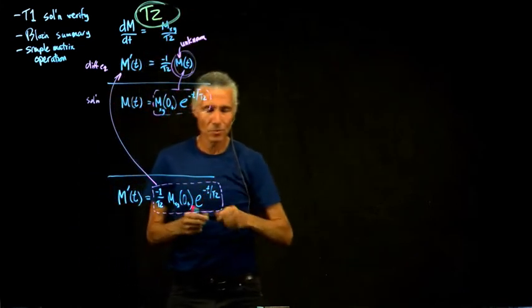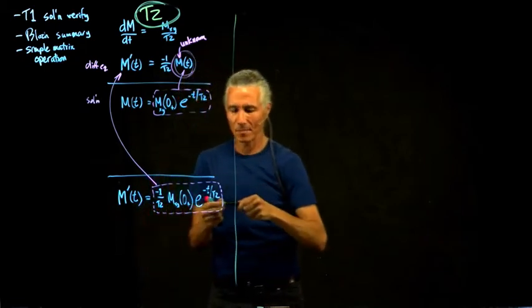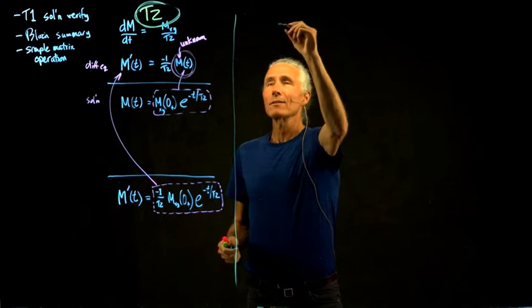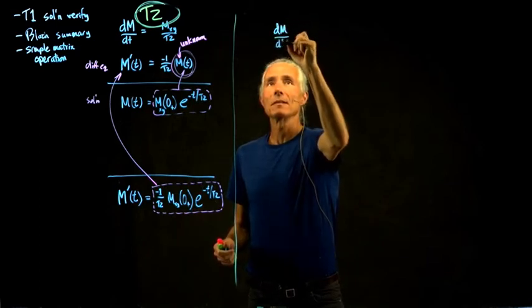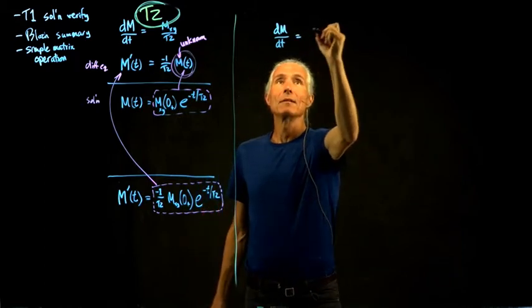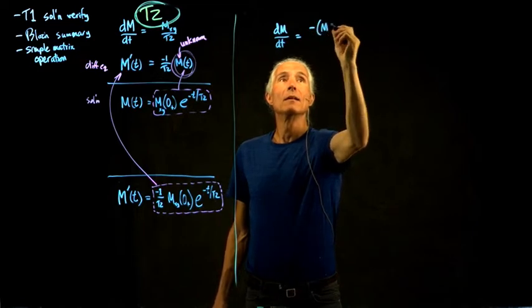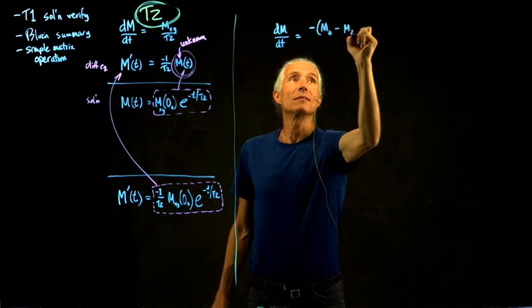So now let's do T1. For T1, we'll write out the equation. The equation was dM/dt, and we're leaving out everything except for the Mz minus Mz0, divided by T1.